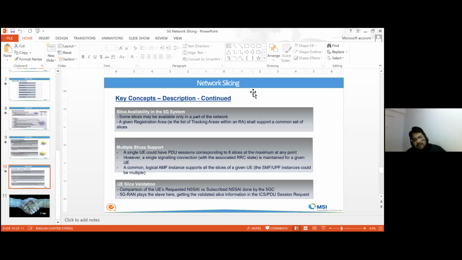In a similar fashion, there can be multiple business entities which will have their own set of requirements of the network. So the operator will be able to serve these different business entities based on their requirements, and of course will benefit from them.